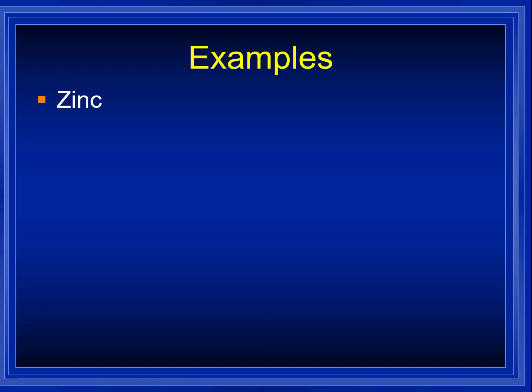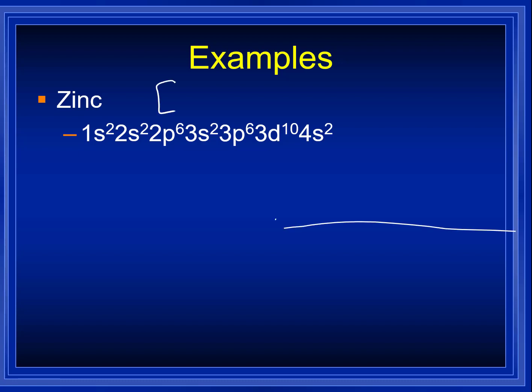To write the electron configuration of zinc, it is 3d10 at the end. Normally we'd write it as argon 4s2 3d10.